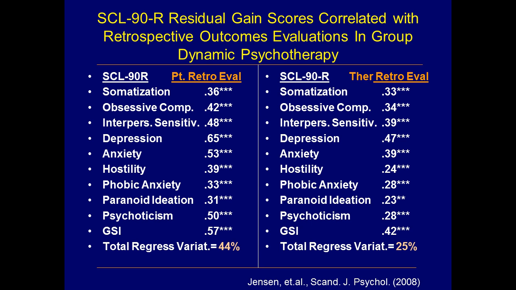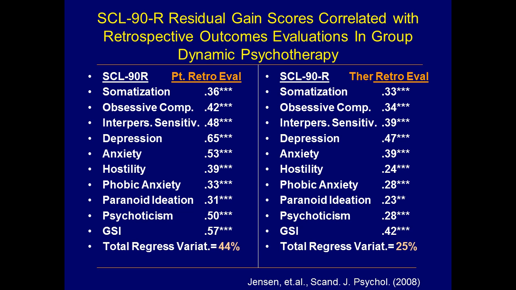Now, this is a nice little study in which residual gain scores were correlated with retrospective outcome evaluation in group dynamic psychotherapy. Okay, and on the left, you see the correlation with the patient retrospective evaluation, and on the right, you see the correlations with the therapist retrospective evaluation.